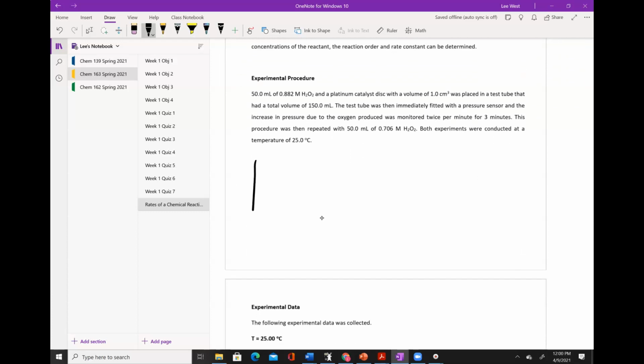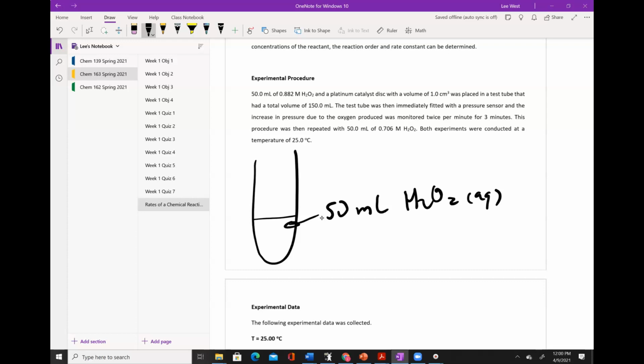We're going to take 50 mL of hydrogen peroxide aqueous solution. We're also going to add a 1 centimeter cube platinum disc. A piece of platinum, 1 cubic centimeter, is the same as 1 milliliter.